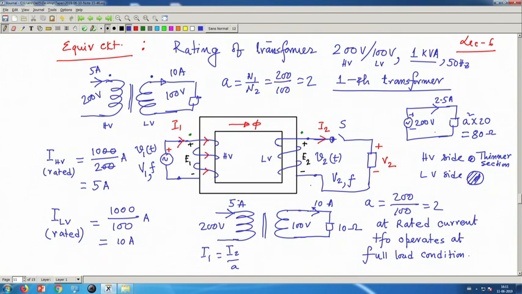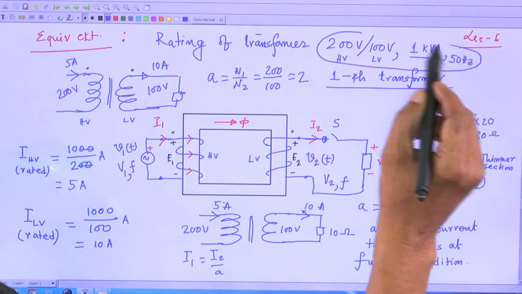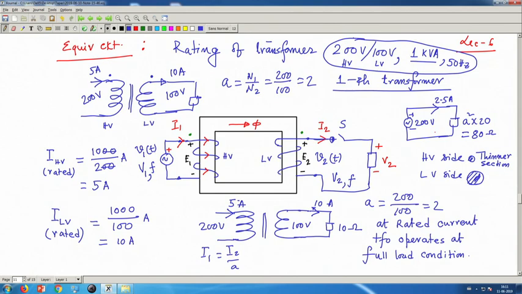So, what have we learned till now? We are still considering, mind you, an ideal transformer. Based on that, I told you about the ratings of the transformer, the importance of KVA rating and voltage ratings.